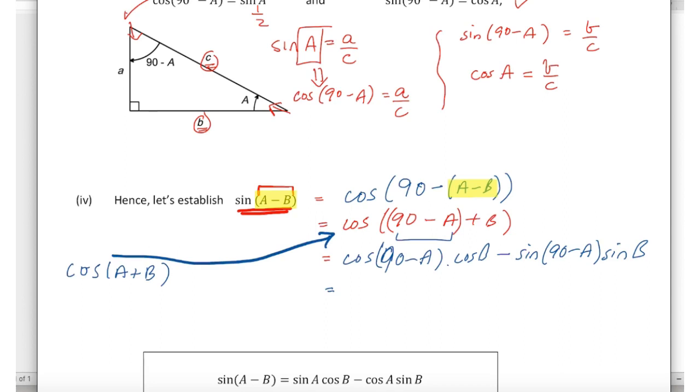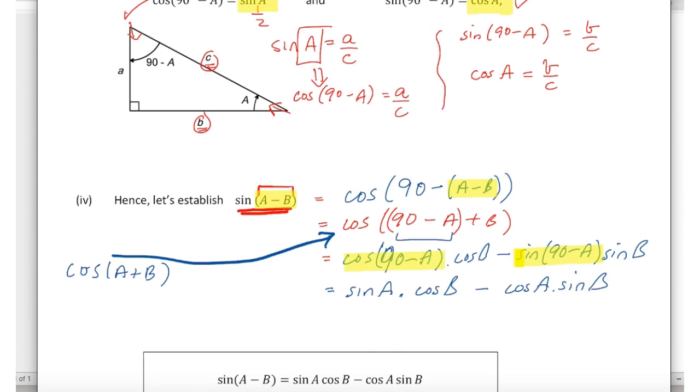And we know that cos of 90 take A is the same as sine A. So we can write that as sine A times the cos of B, and take, and we know sine 90 take A is the same as cos A. So it's cos A times the sine of B.